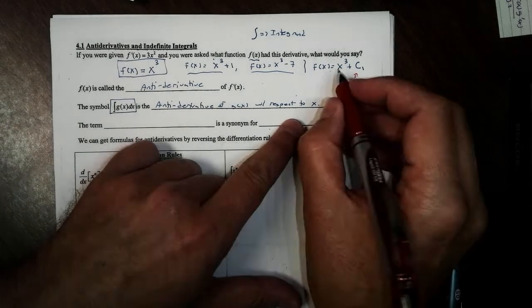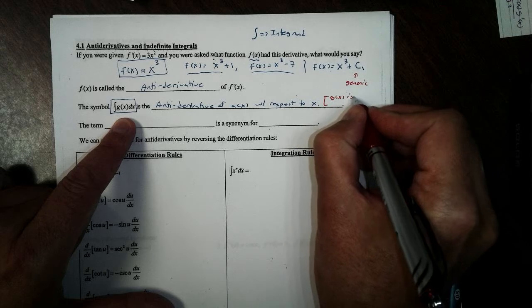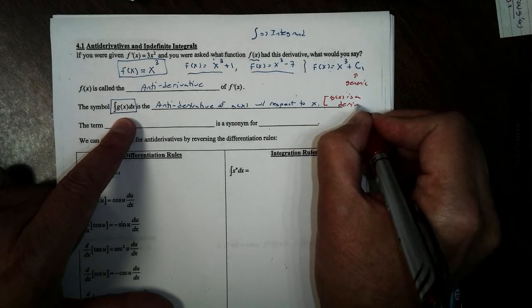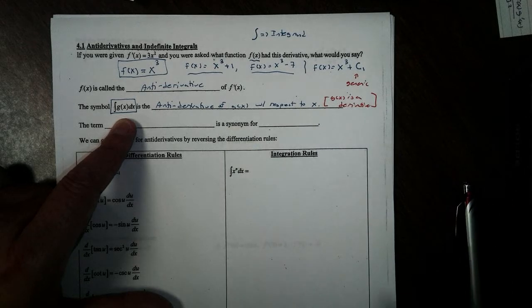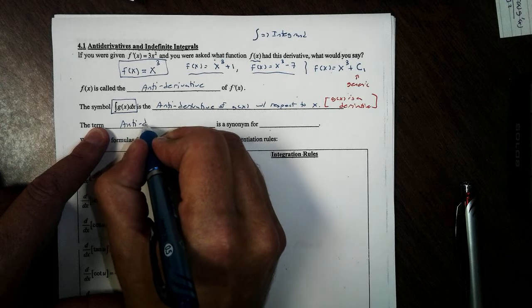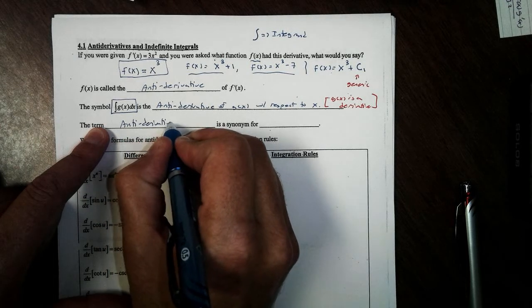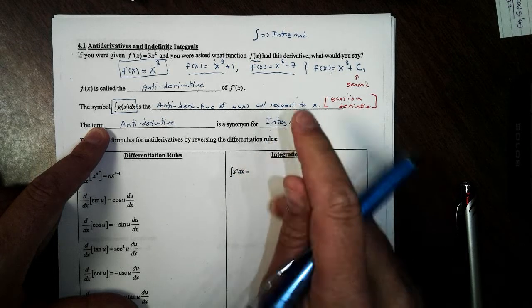An important thing to remember is that g of x is a derivative. So what we're really looking for is the original function. Now, the term antiderivative is a synonym for integral. So you're going to hear us say it many different ways.